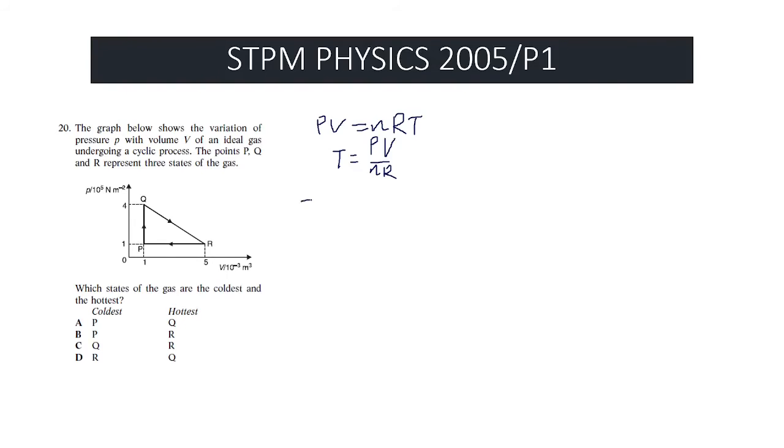So let's say we calculate the temperature at the Q state first. We have four pressure here. The volume is 1.